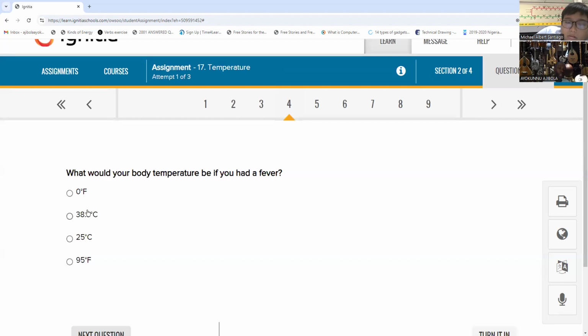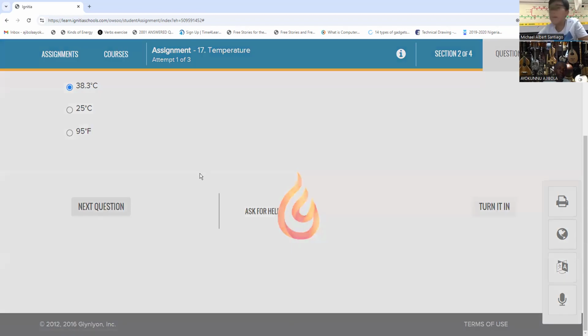So let's consider 38.3 and 95 Fahrenheit, okay? 95 minus 32, then times 0.5556. This one is 35. So the body temperature is around 37, so from 38 and above, okay?